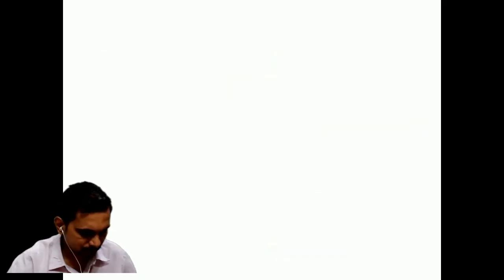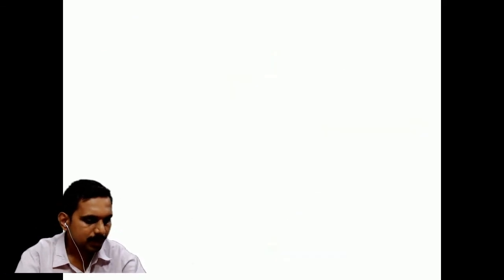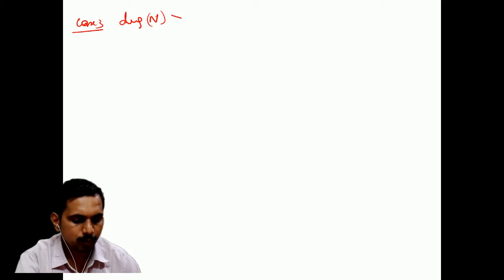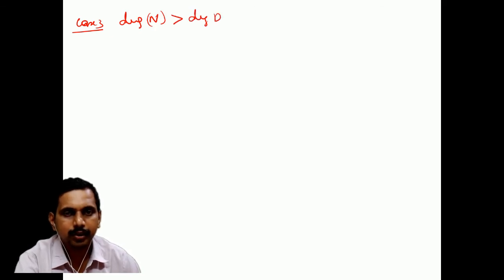Okay. Last question. Now, if it was the other way around, then what? Third case, case 3, I will say here. Case 3 is when the degree of numerator is greater than the degree of denominator. Then what should be happening? Let us see.